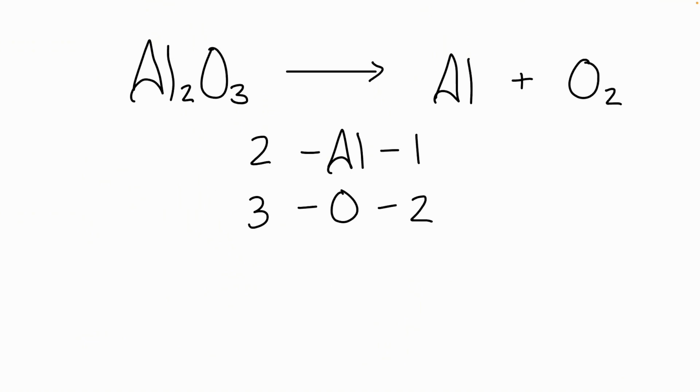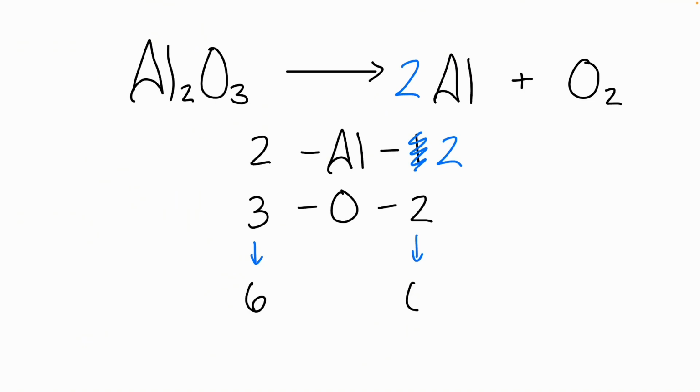The aluminums would actually be pretty easy. I could stick a 2 out front here. That would update. But with my oxygens, I have this interesting problem. There's no way for me to make a 3 into a 2 or a 2 into a 3, right? So these don't have any common factors. What I'm going to have to do is turn them both into what's called their least common multiple, in nerdy math speak.